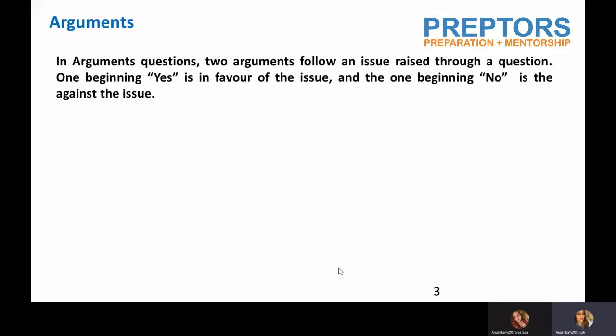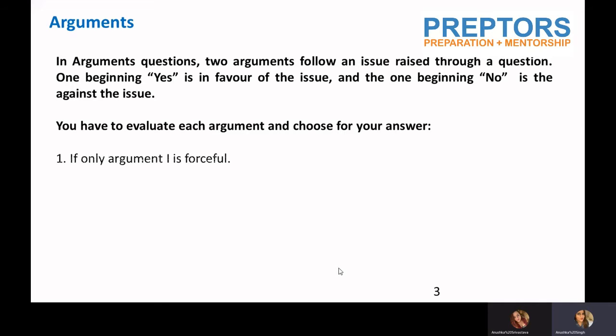What do we have to do now? We have to evaluate each argument and accordingly choose our answer, right? We'll mark option 1 if I think only argument 1 is forceful. You will mark option 2 if you feel that only the second argument is forceful.